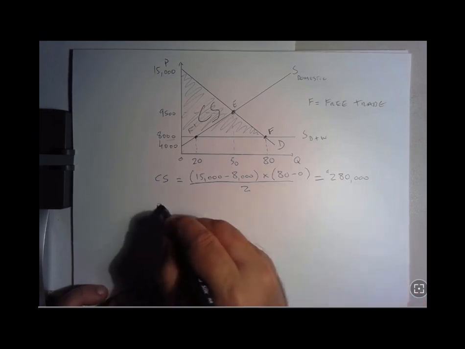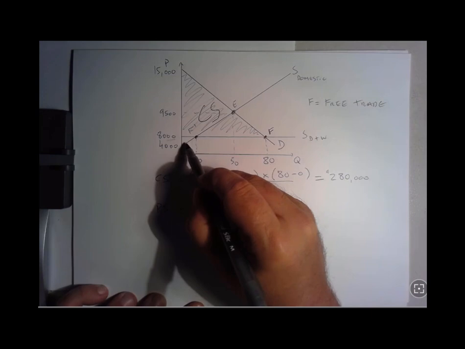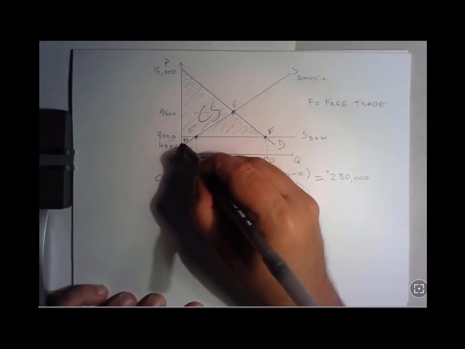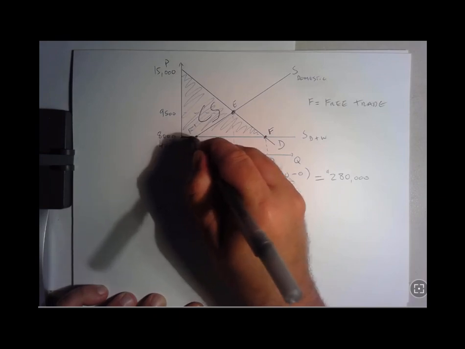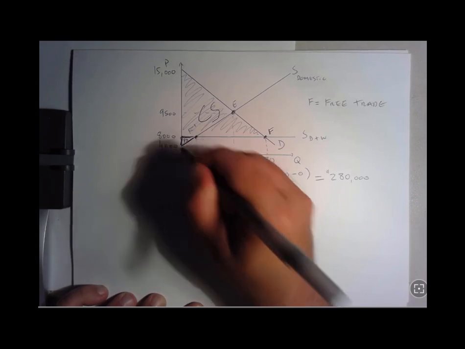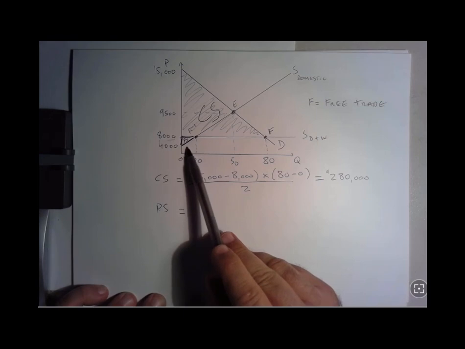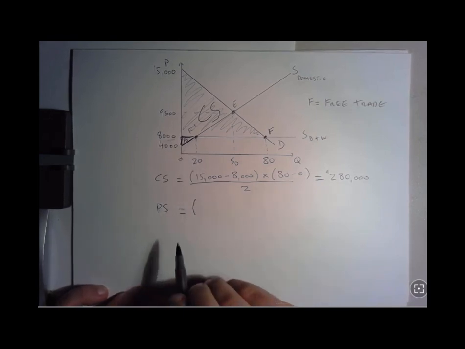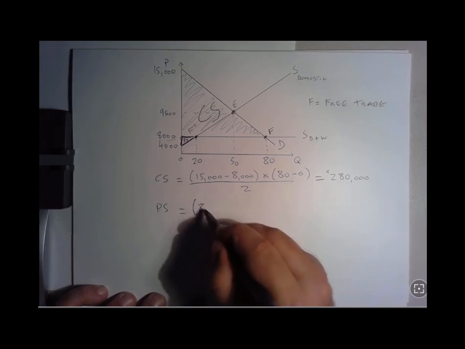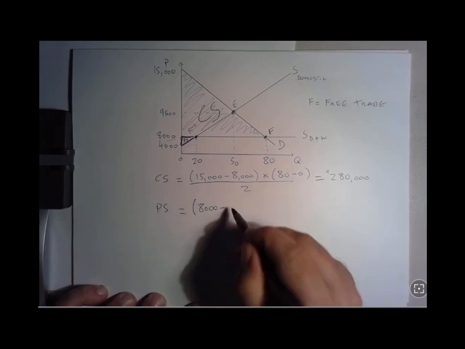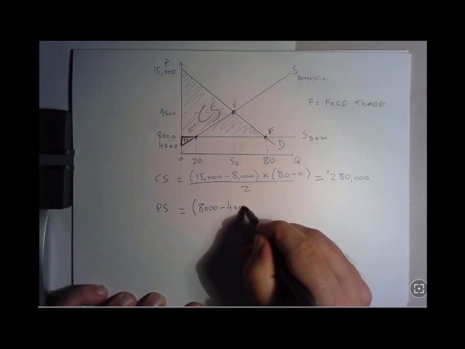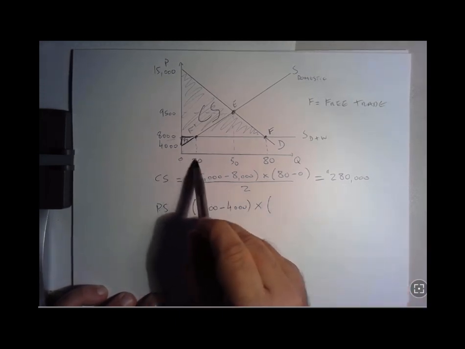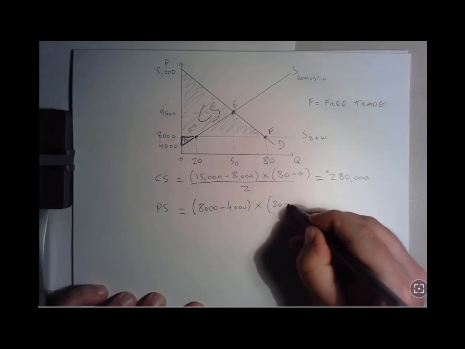The producer surplus is just this tiny triangle now. This tiny triangle. So how much is it? The rise is 8,000, the equilibrium price minus the minimum they were willing to accept for the first unit, times the run, so 20.